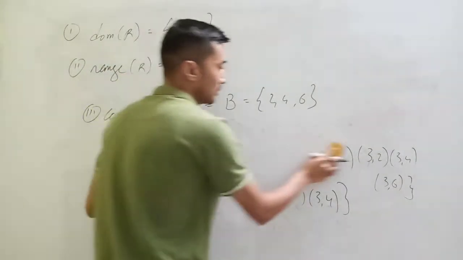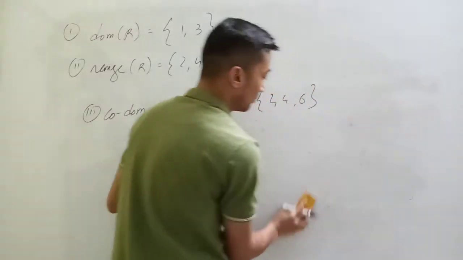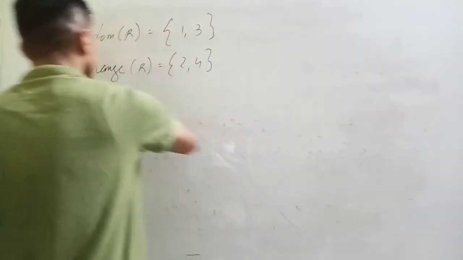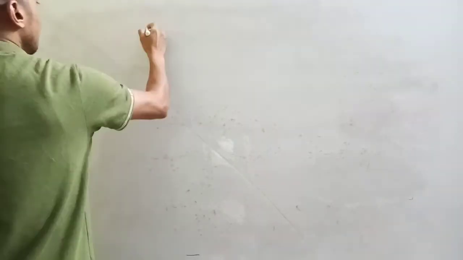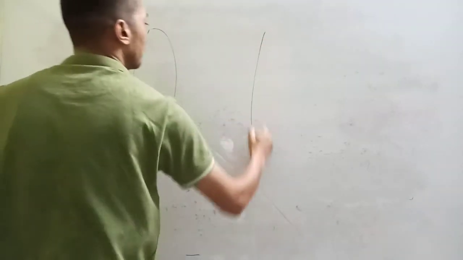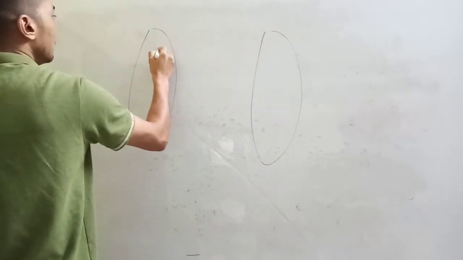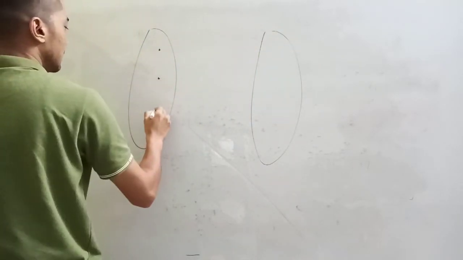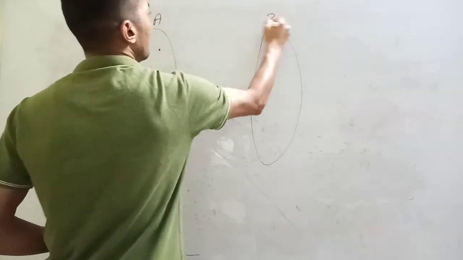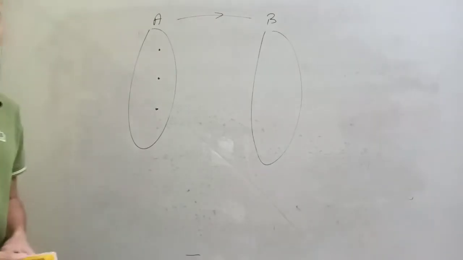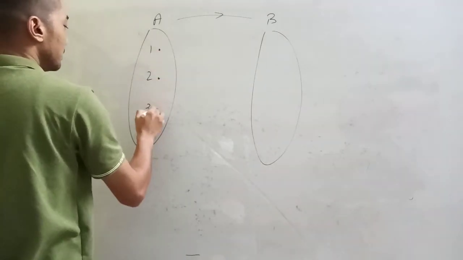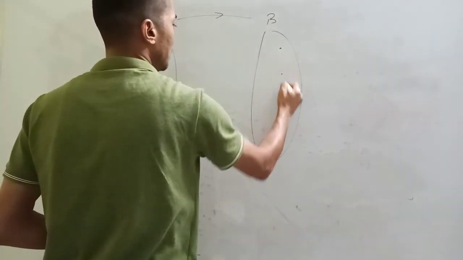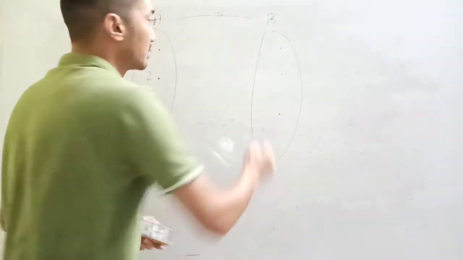Okay, now the last question: depict this with the help of an arrow diagram. It's quite simple. In an arrow diagram, we represent the elements of the sets with dots. It was from set A to set B. Set A has the elements 1, 2 and 3, and set B has 2, 4, 6.